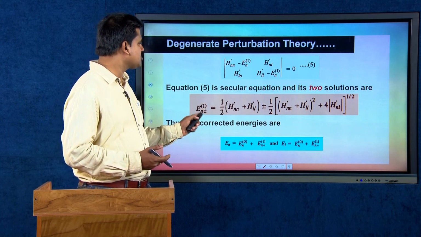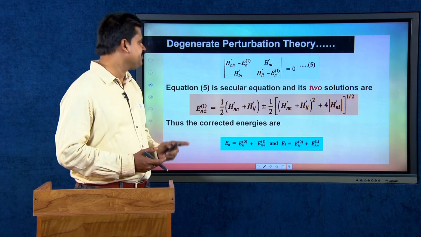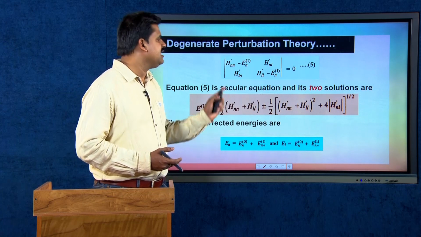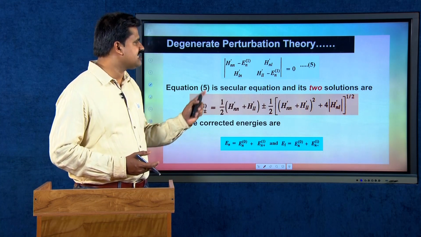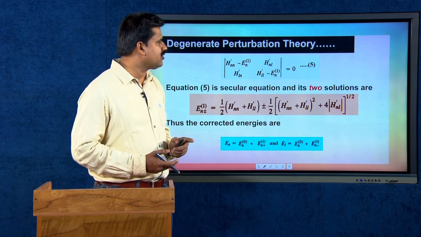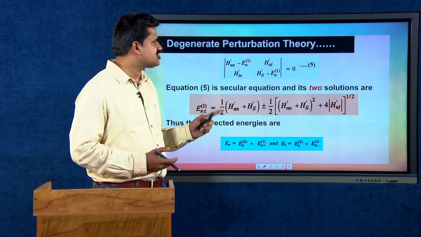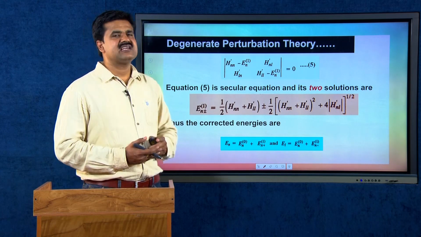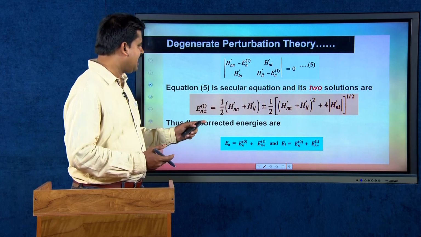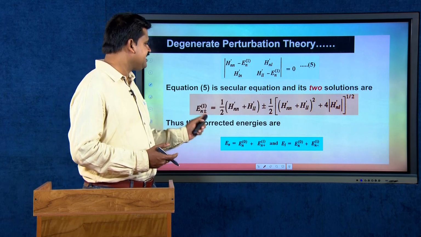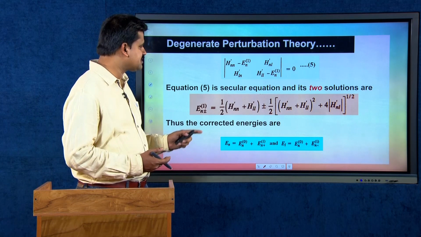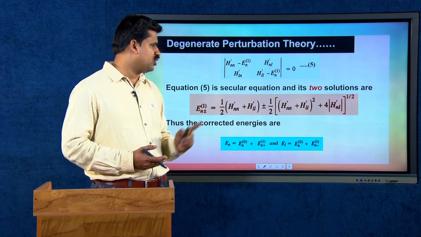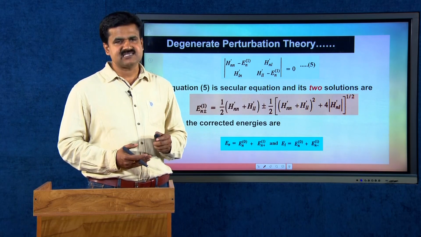This equation leads to two important solutions, and these are such solutions: En1 plus or minus is equal to half into (H dash nn plus H dash ll) plus or minus half into [(H dash nn minus H dash ll) the whole square plus 4 into modulus of H dash nl the entire square] raised to 1 by 2. Thus, we get two corrected energies: En equal to En0 plus En1 plus, and El is equal to En0 plus En1 minus.